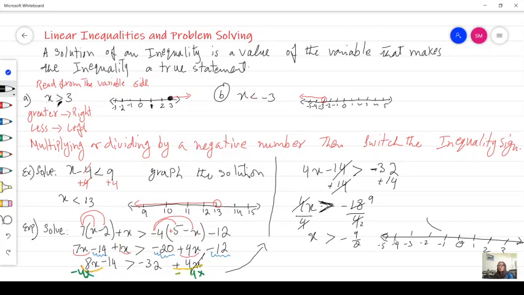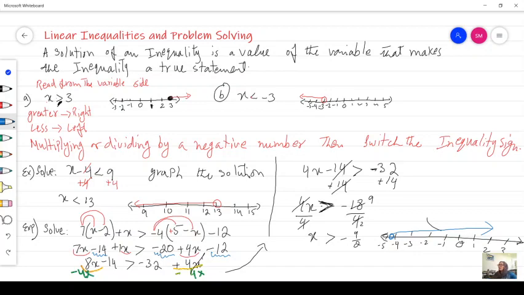So negative 4.5 is going to be somewhere right here, and it's an open circle, completely open. And I'm reading from the variable side, x greater than negative 9/2, which means I'm going to the right. So that's how you solve that problem.